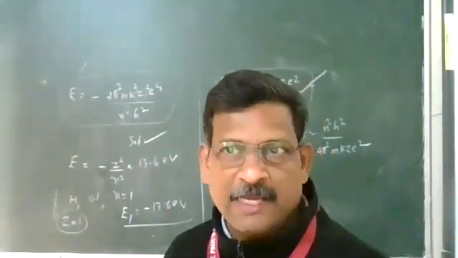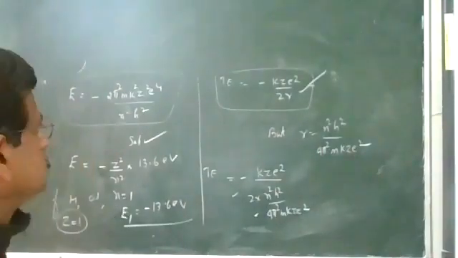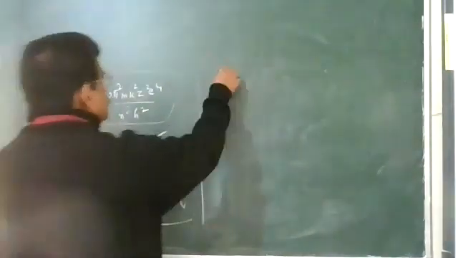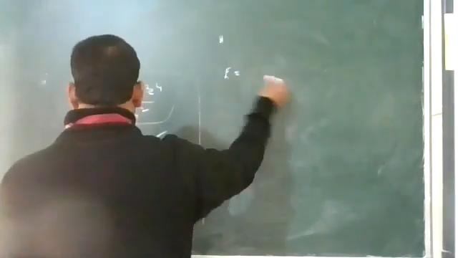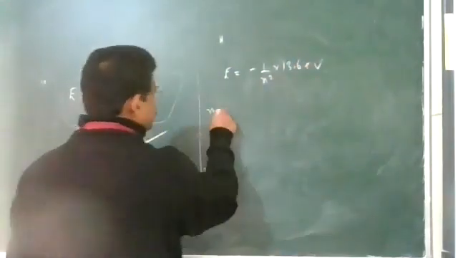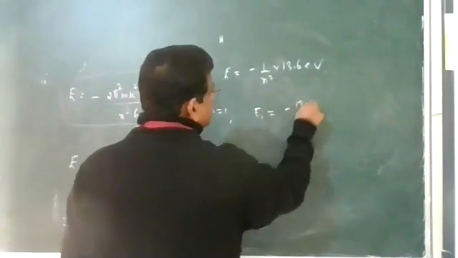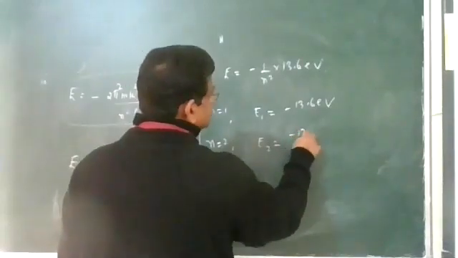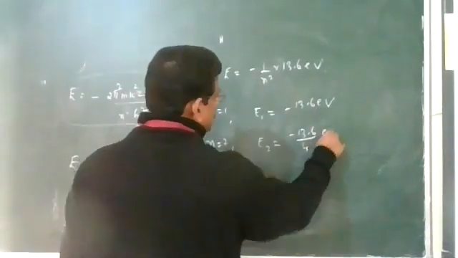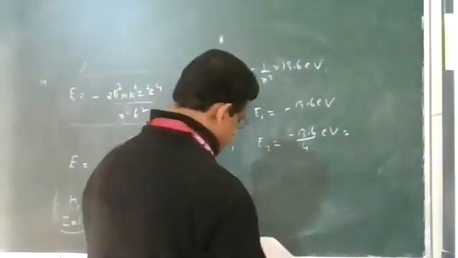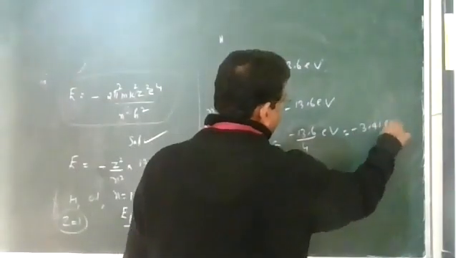For the hydrogen atom, what are the energy levels of the other orbits? For n equal to 1, 2, 3 and so on, the energy of hydrogen is 1 upon n square into 13.6 electron volt. n equal to 1, first orbit energy is minus 13.6 electron volt. n equal to 2, second orbit energy is minus 13.6 by 2 square, that is 4, electron volt, which equals minus 3.41 electron volt.